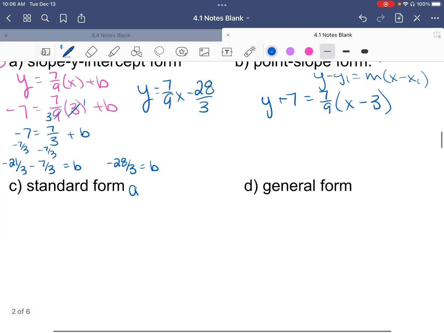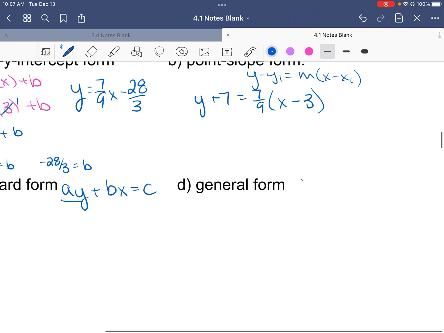Standard form is ay plus bx is equal to c. In this, I have to remember off the top of my head. I think it's our x coordinate. No, it's our a. Our a has to be positive. General form is basically the same. Ay plus bx, it's just plus c, set equal to 0.